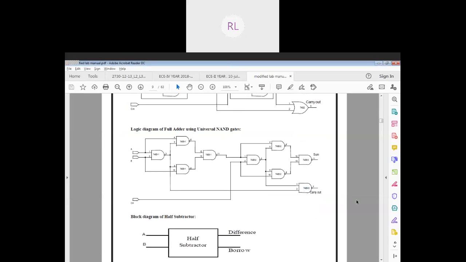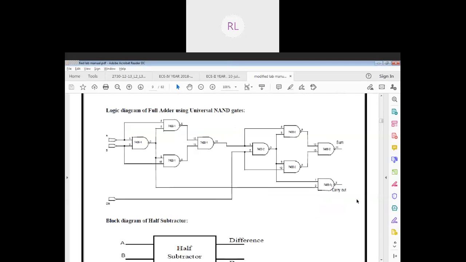This half adder is actually here, and this one is available here. And this one we have converted for the purpose of carry out. So this is how you will implement it.